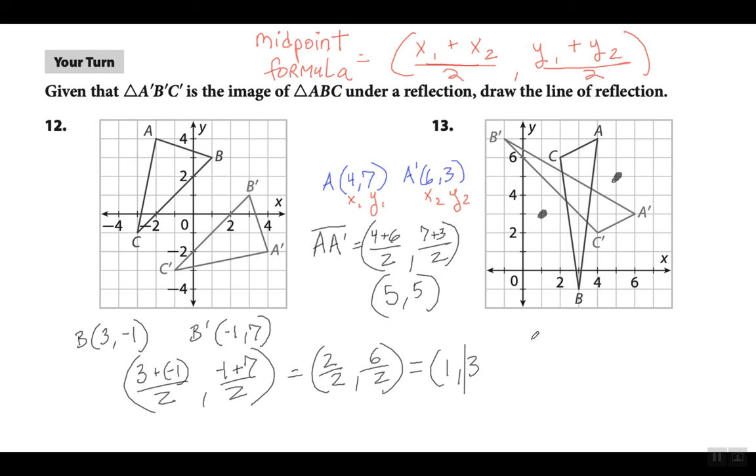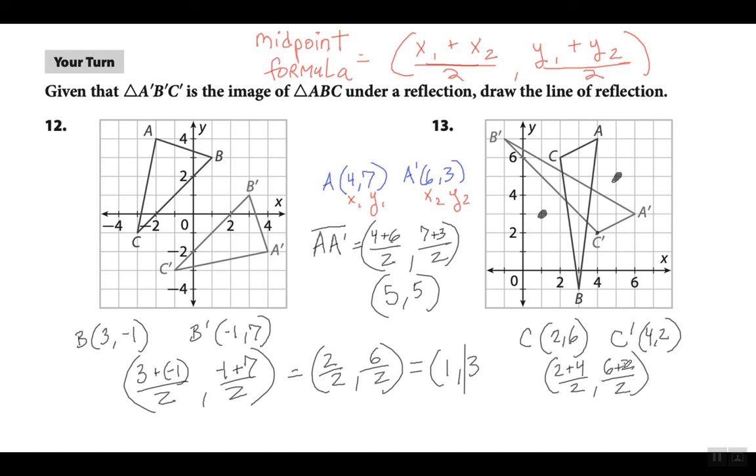Okay, almost done. All right, now C is located at, and sorry if this is getting a bit messy, C is located at 2, comma 6. And C prime is right here. All right, positive 4, positive 2. So the midpoint, add 2 plus 4 and divide by 2 for the x coordinates, and for the y coordinates, 6 plus 2 and divide by 2.